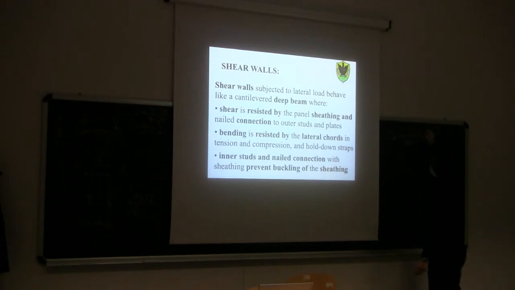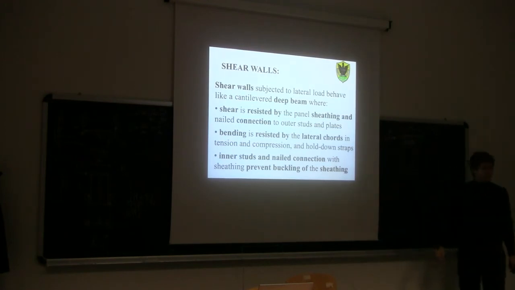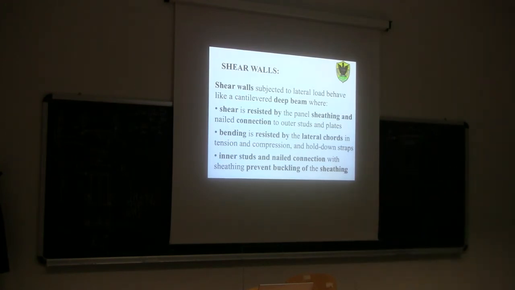So now if I want to draw the axial force diagram in the plate, which value of axial force will I have here in the plate? Are you sure it's constant? Let's write down the equilibrium. So this is the member.